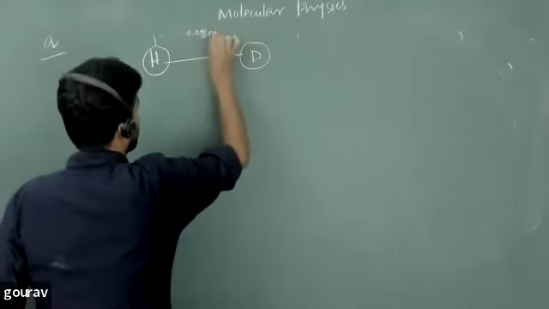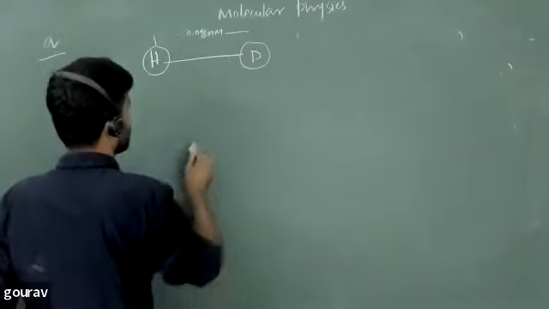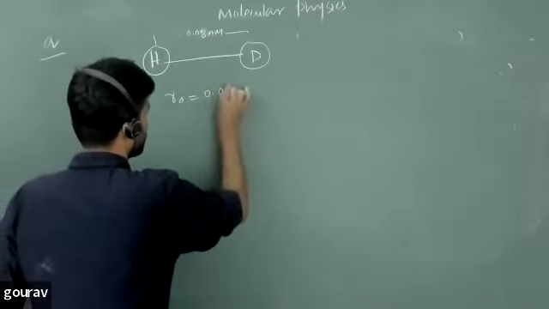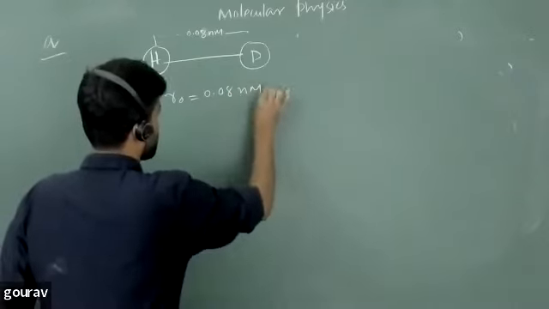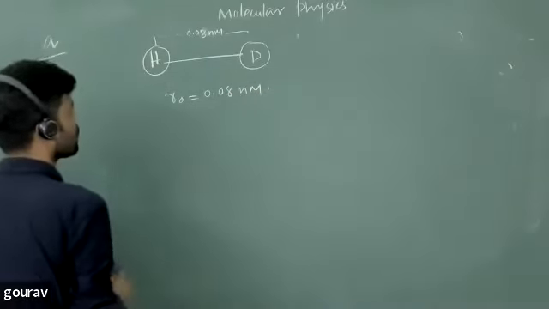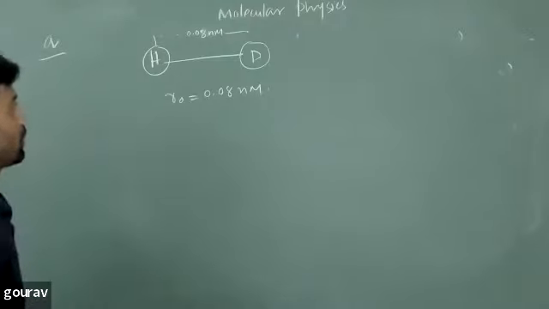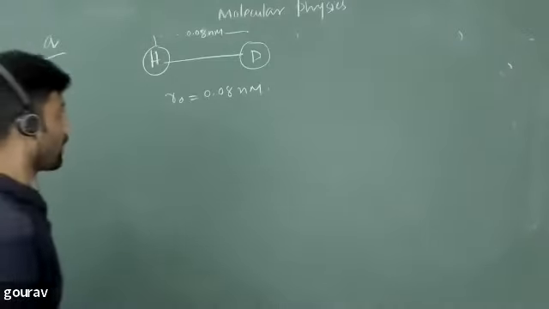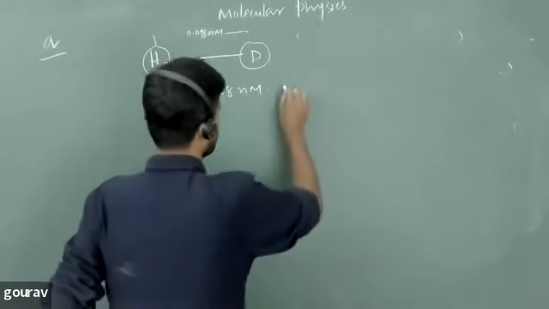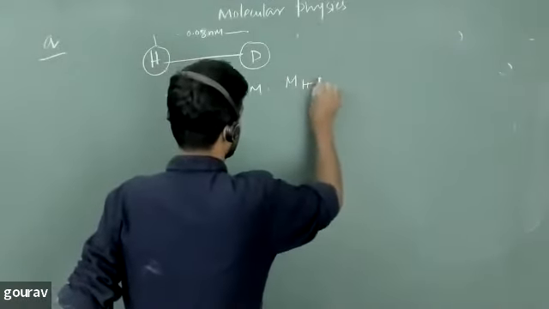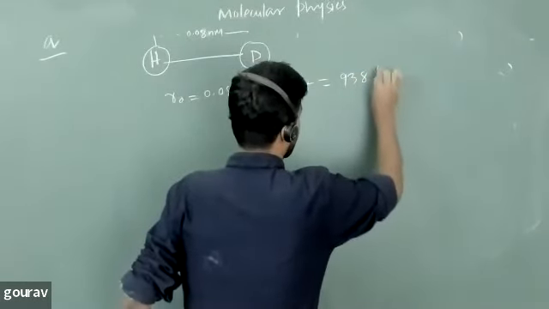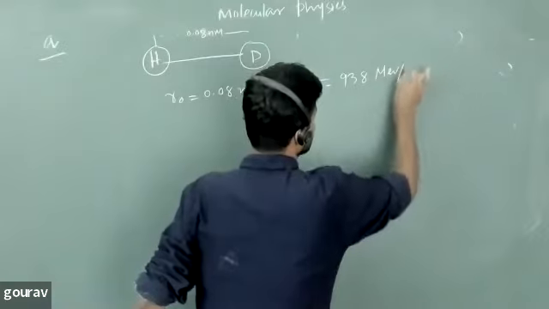I can mention here also, R naught is given, that is 0.08 nanometer. Okay, and it also says that this molecule shows pure rotational spectrum. In addition, they have mentioned the mass of hydrogen is 938 mega electron volt per c square.